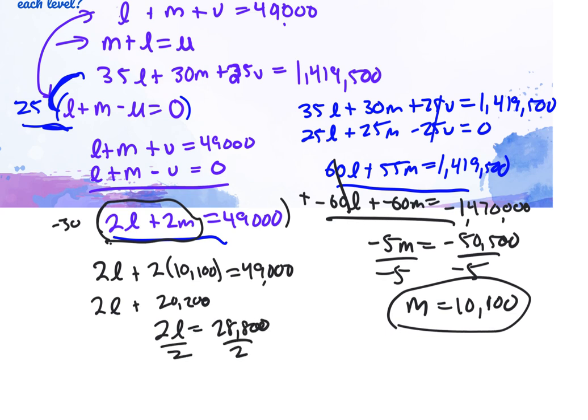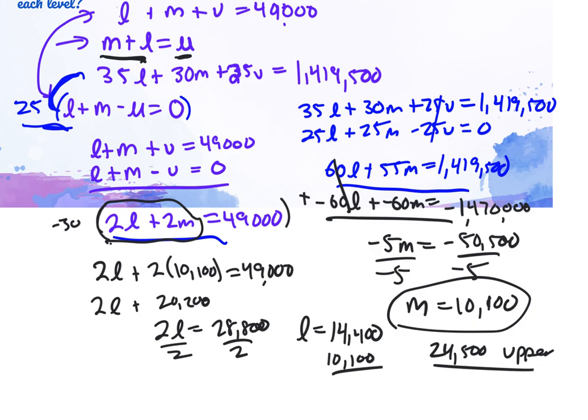Divide that by 2, so my lower level is 14,400. Remember, middle and lower together equal upper, so add those two together to get the upper: 24,500 upper seats. There's my answer.